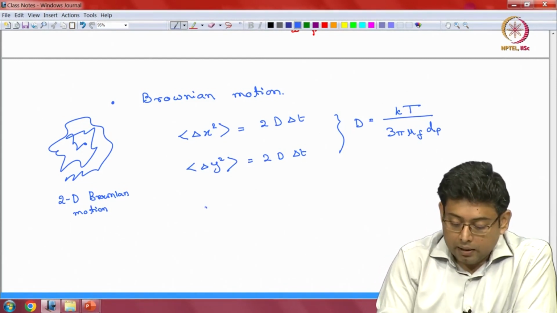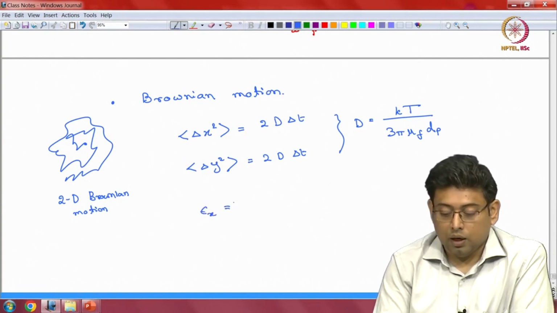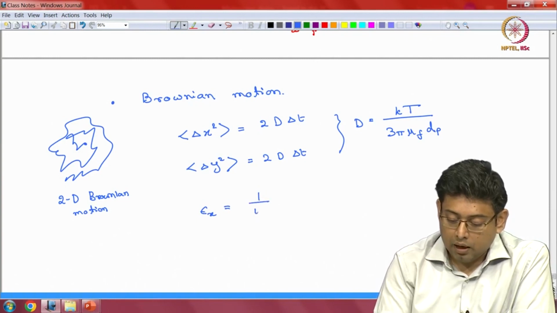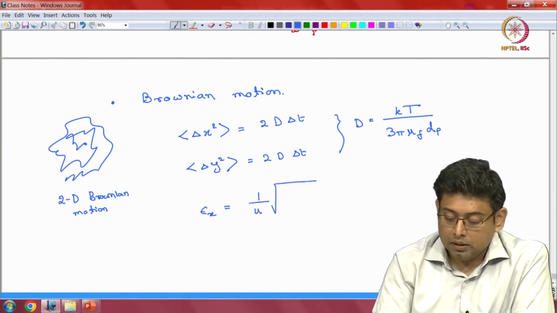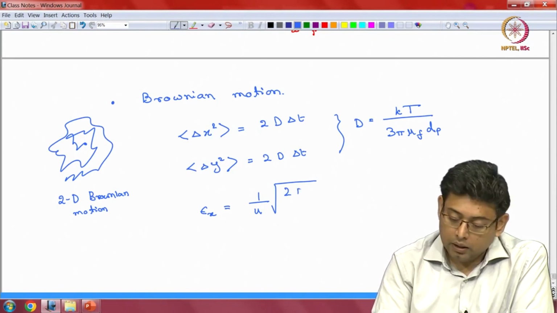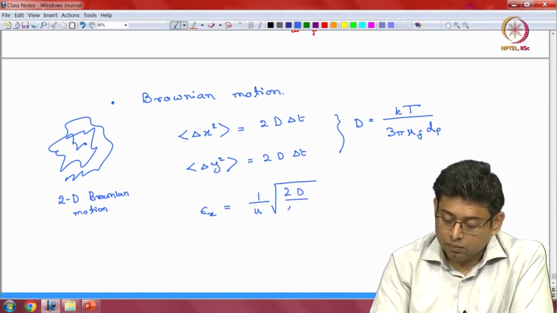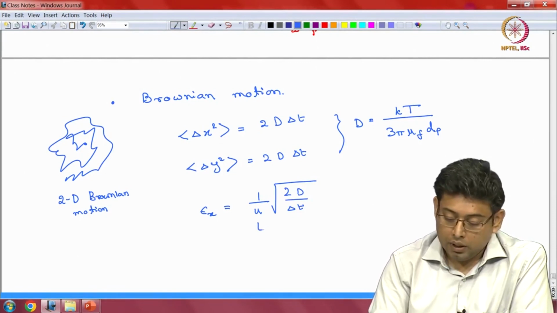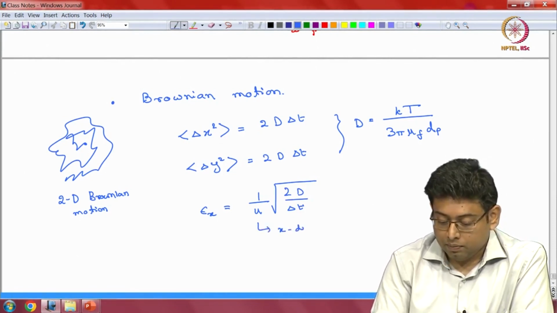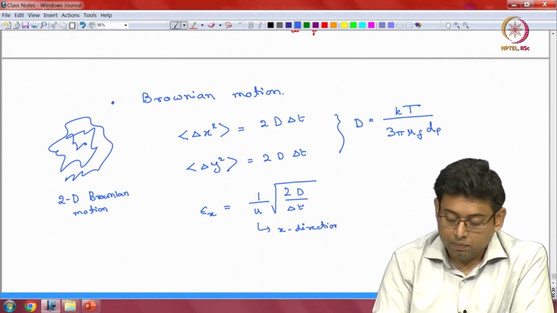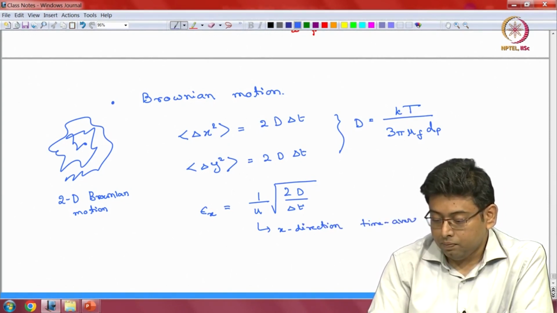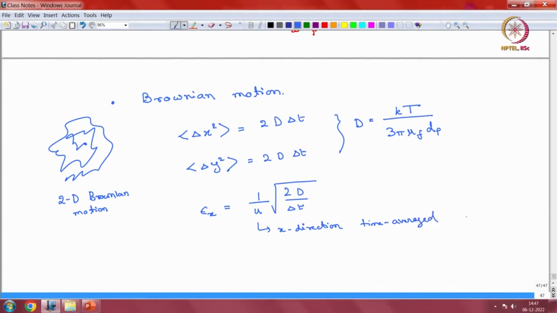So, the error in the x direction due to this Brownian motion can now be estimated by this simple equation right here, and here u is my x direction time averaged local flow velocity.